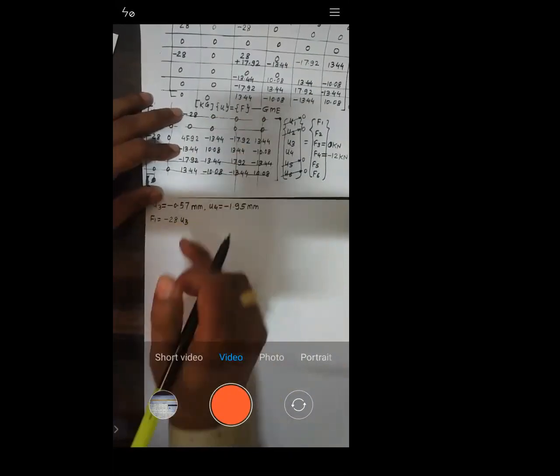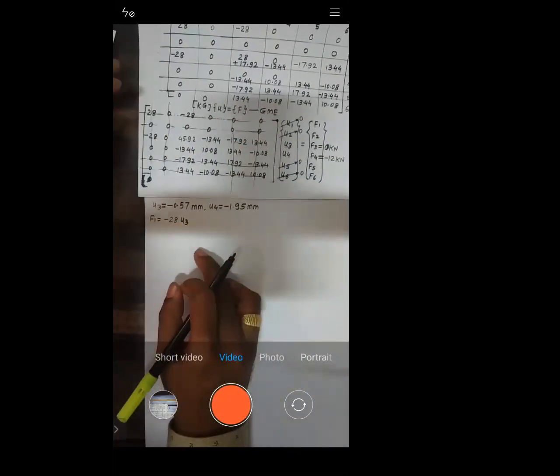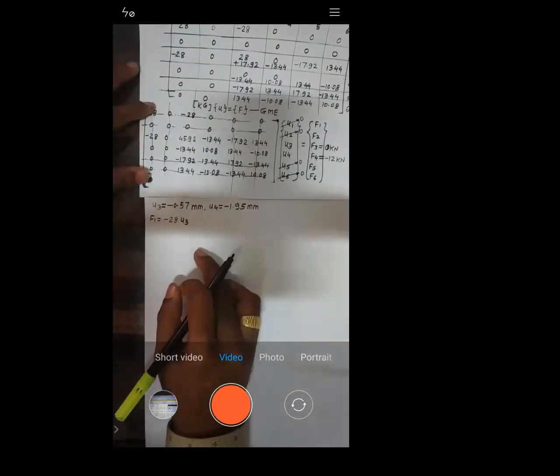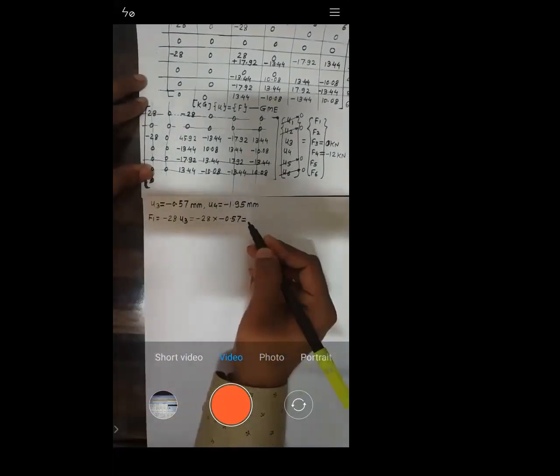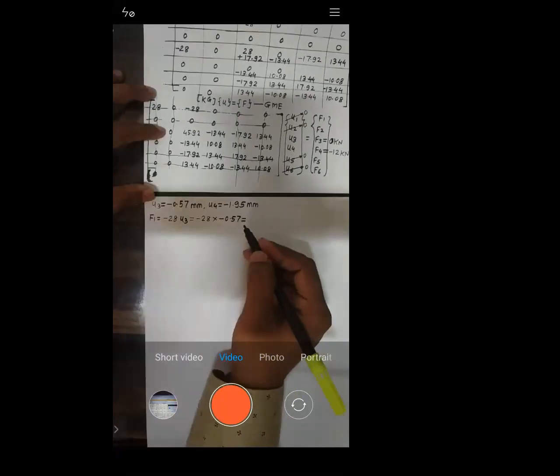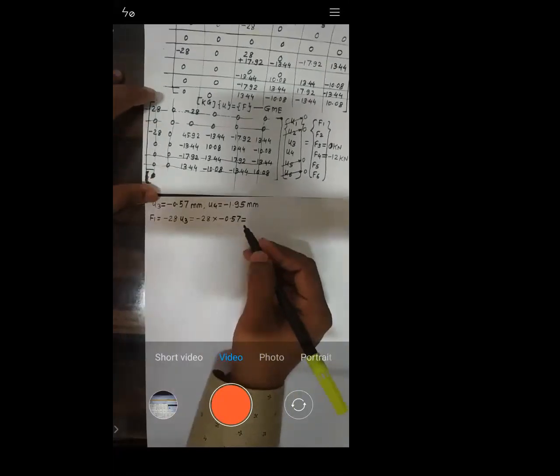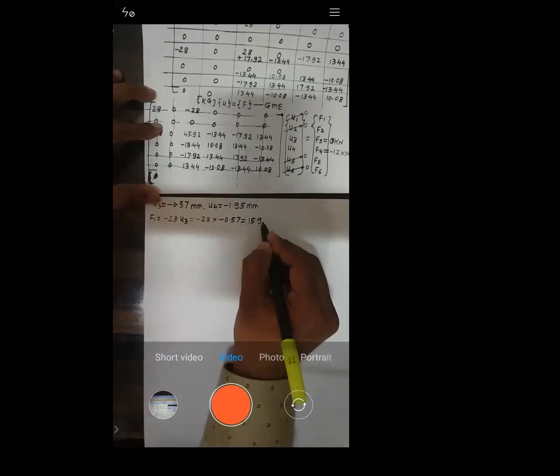Then rest of everything is 0, right? U3 is minus 0.57. So just get this answer. 15.988. So F1 you got, right?